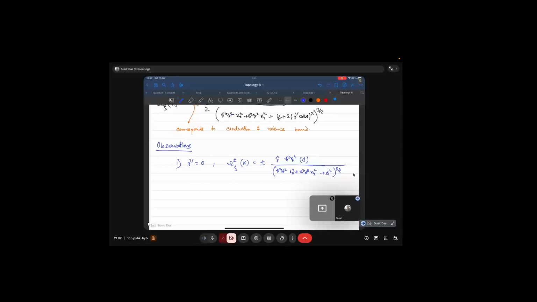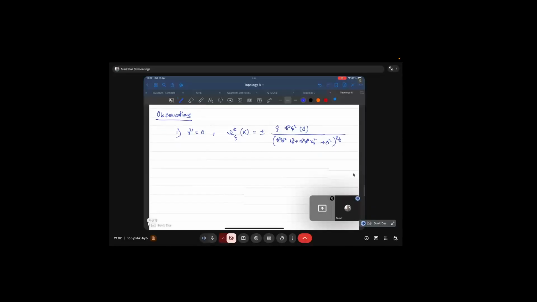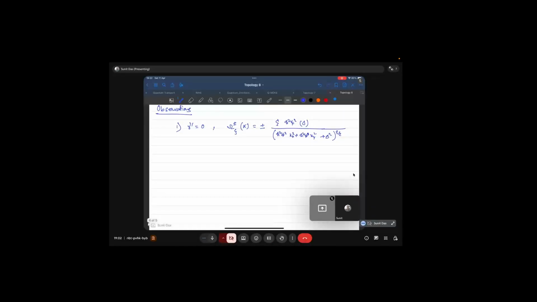If that is the case, then you see that at k and k prime values, omega of k, xi k, is opposite, because xi equals plus minus 1 for k or k prime value.